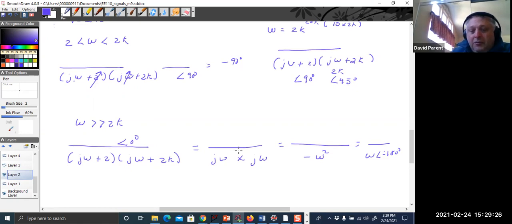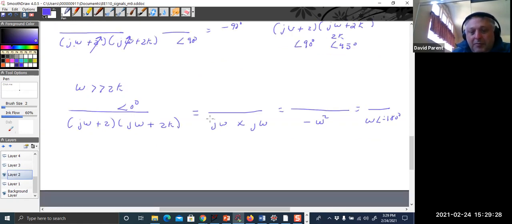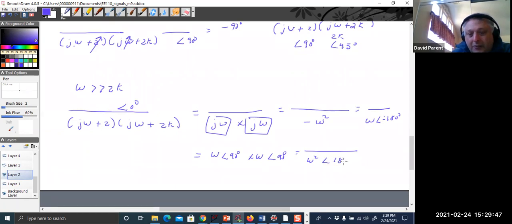So don't do that. The way I found to match the algorithm is this would be omega 90 times omega 90. Then it equals omega squared 180. Then you have 0 minus 180, and so it's equal to minus 180.